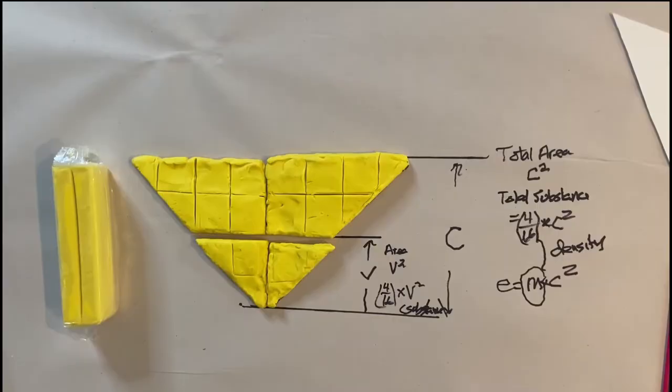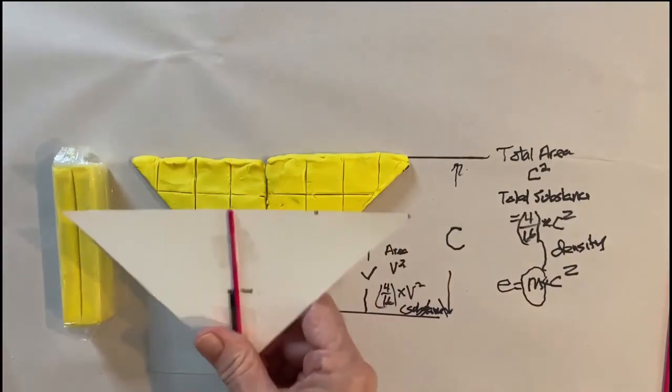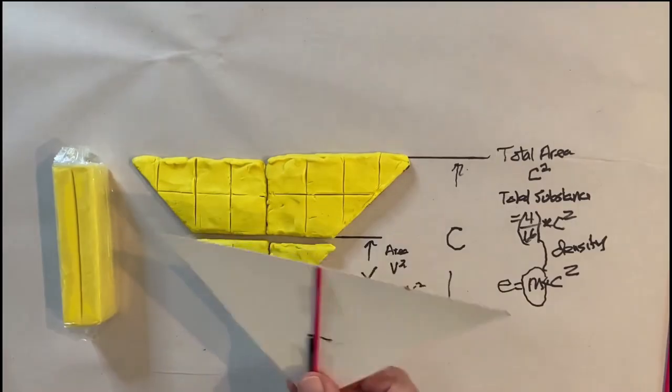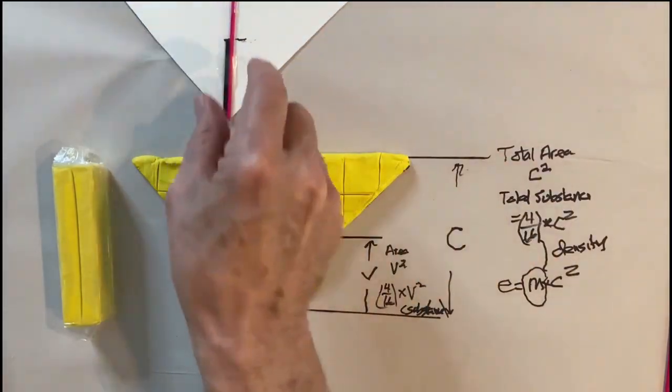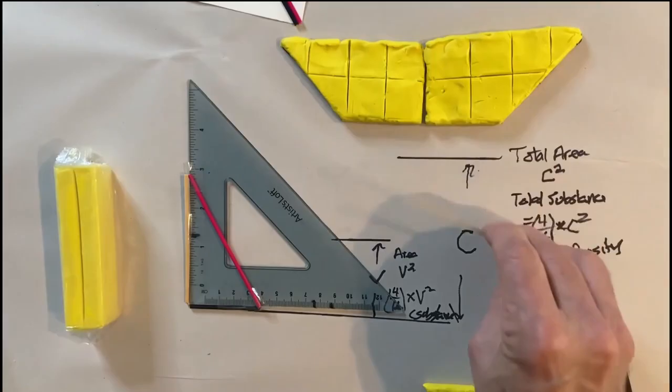Okay, so now we've got areas, and this is the usual Pythagorean theorem I'm going to show you. I'm going to show you now what Pythagoras says about things here.